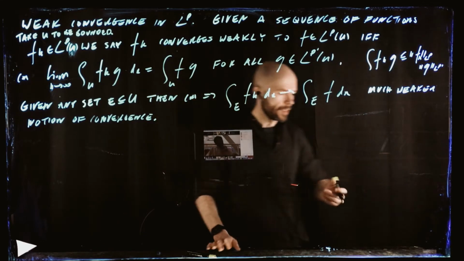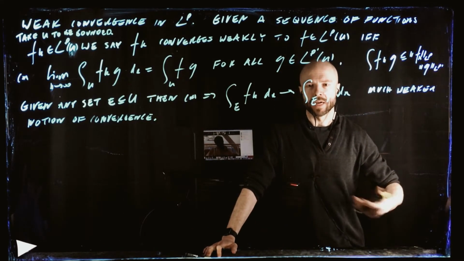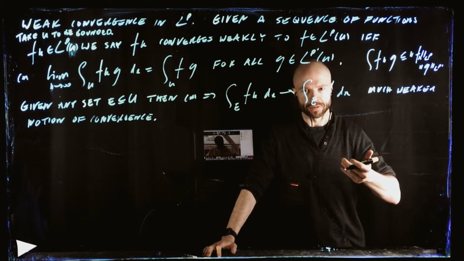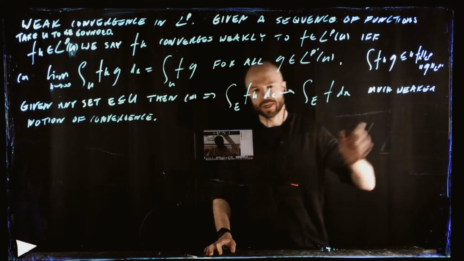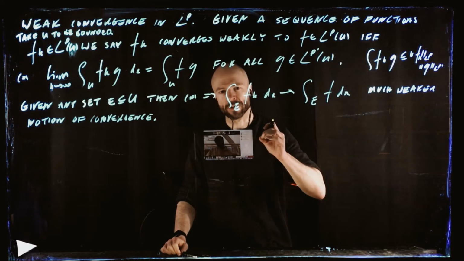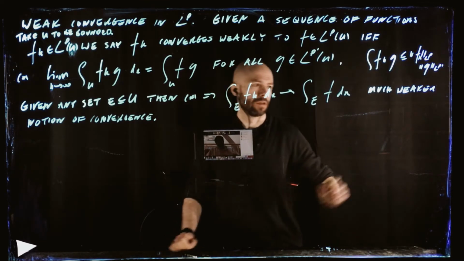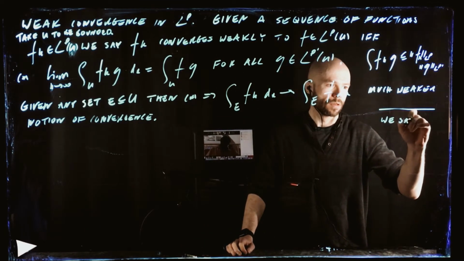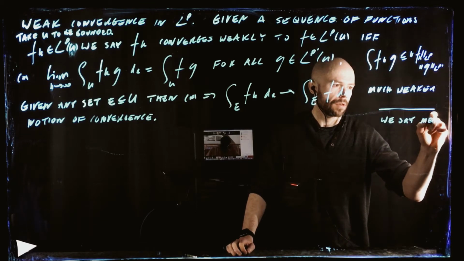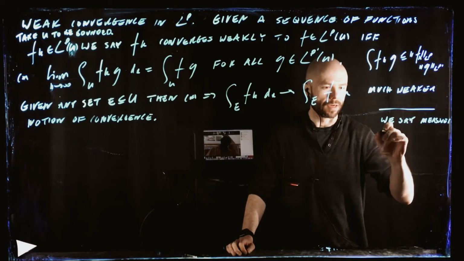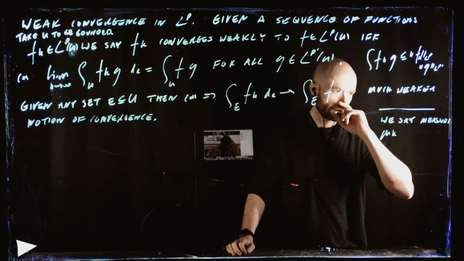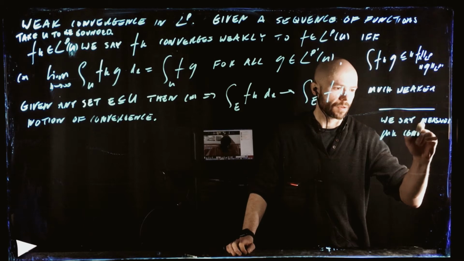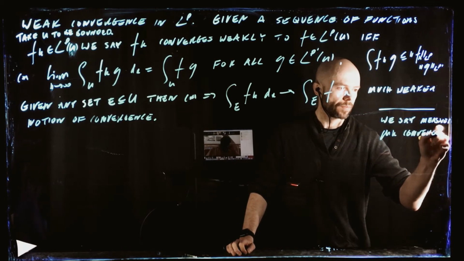Some of you have seen weak convergence of measures. You're quite comfortable with weak convergence of measures. This is a very similar notion. Weak convergence of measures is when we test against C_0 functions.